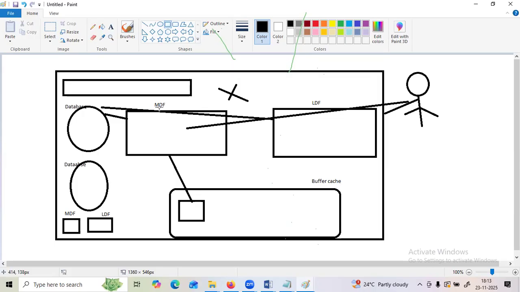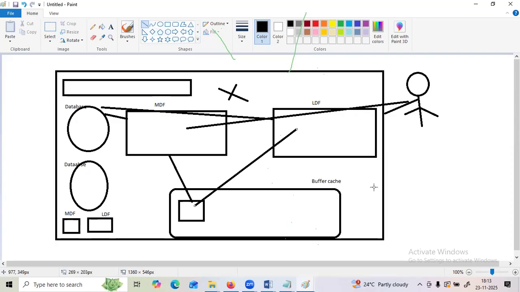Instead, SQL Server takes that particular table information, which is that particular page information, and puts it into the buffer cache, and it starts modifications on that particular page. Those modification details are written simultaneously into our LDF.